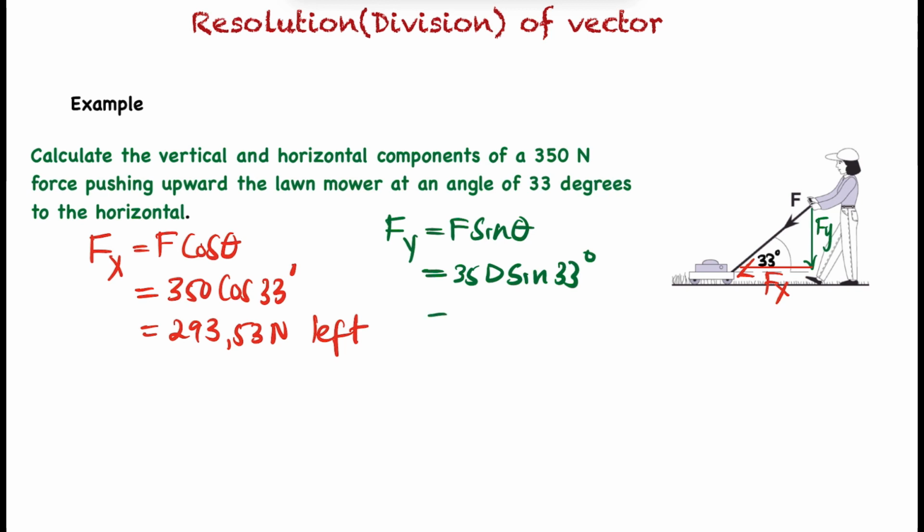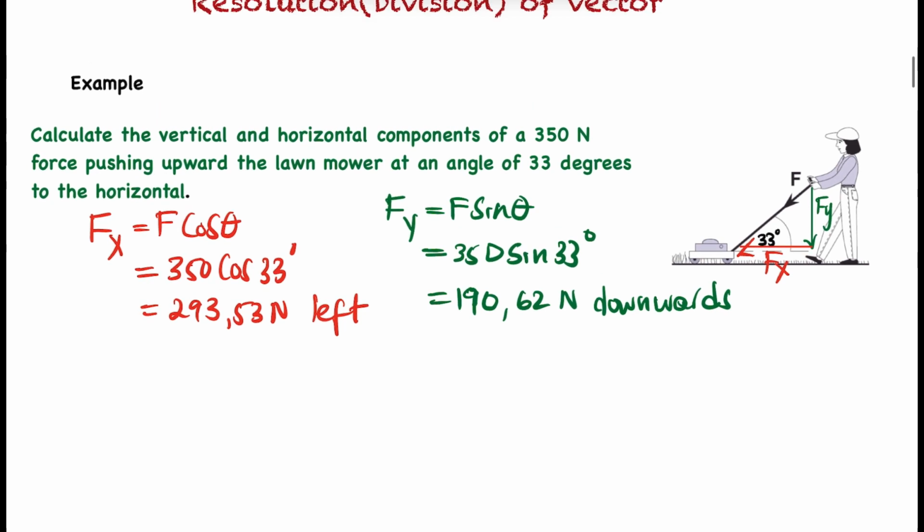So it's going to be 190.62 newtons, and it's going downwards, as you can see in the diagram. That's how you calculate that.